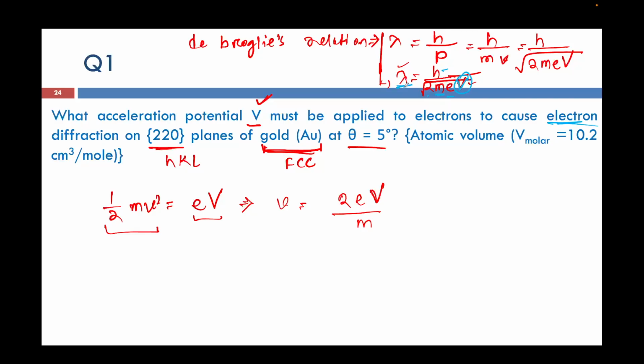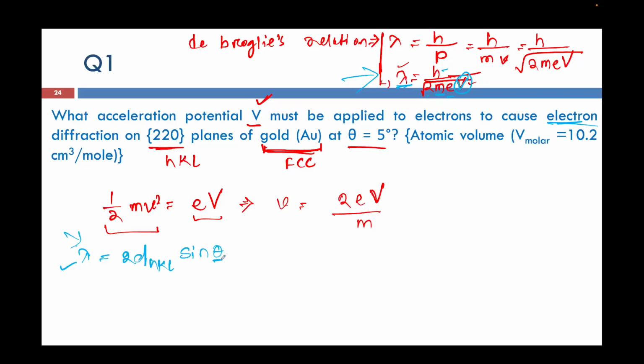Lambda means wavelength, and how will I know lambda? From lambda equal to 2 d hkl sine theta. If I find lambda, I can put it here and calculate V. Now I have to see in this equation whether all the parameters are there.